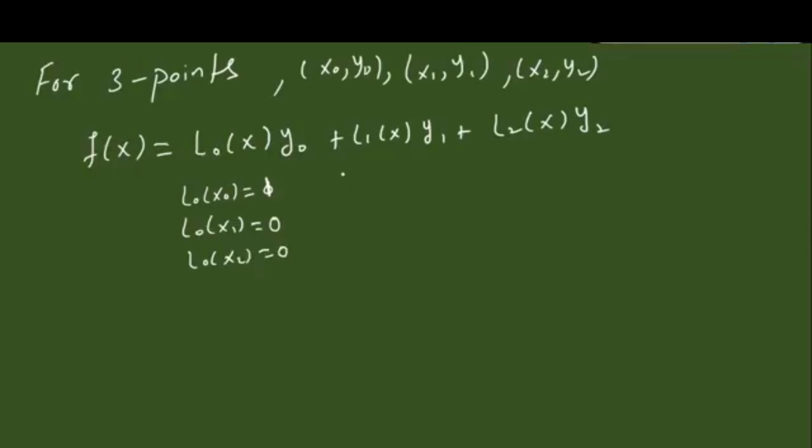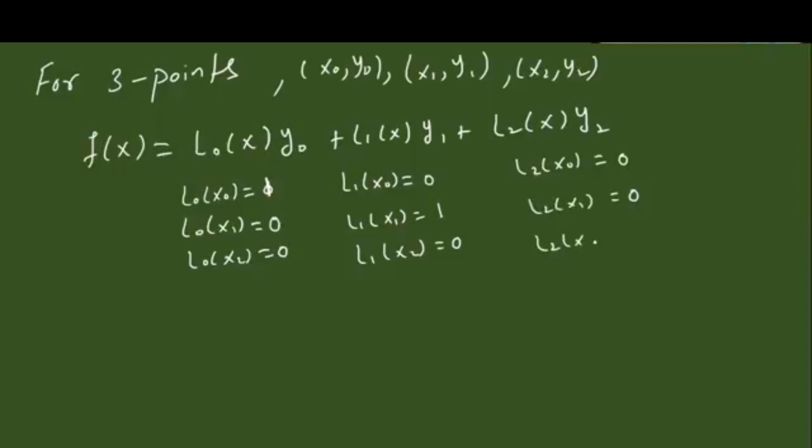Similarly, L1 at x0 is 0, L1 at x1 must be 1, because it is associated, and L1 at x2 is 0. Similarly, L2 at x0 is 0, L2 at x1 is 0, and L2 at x2 is 1, because L2 is associated with x2. So it has to be 1 on the node which is associated, and 0 on all others.